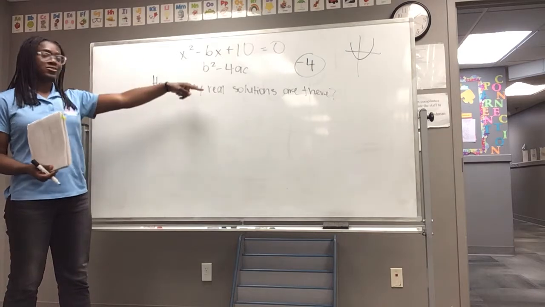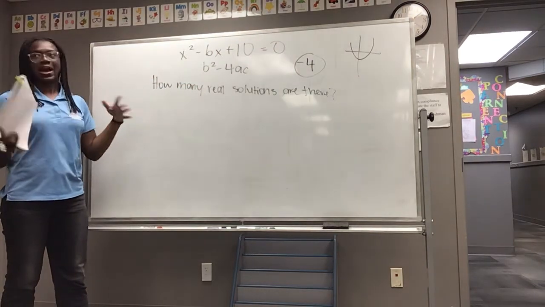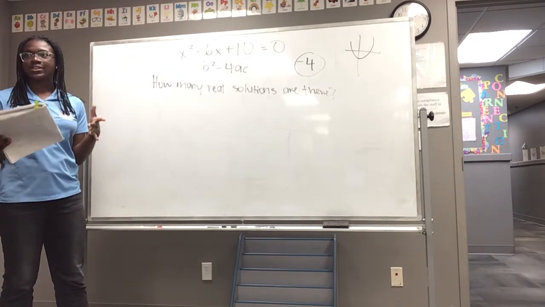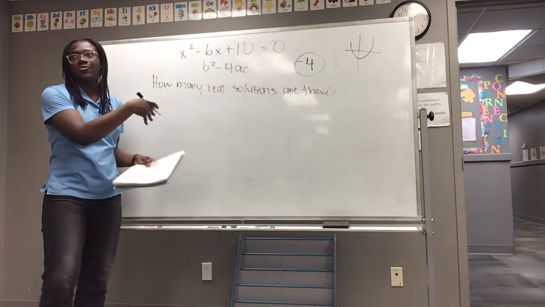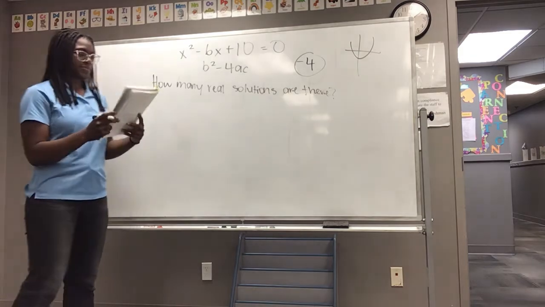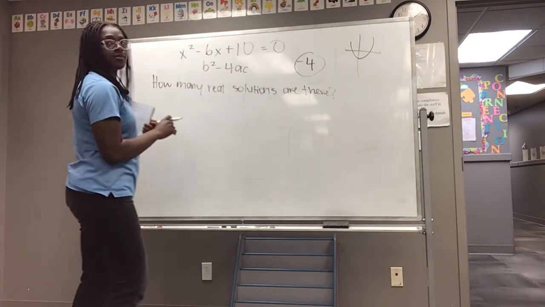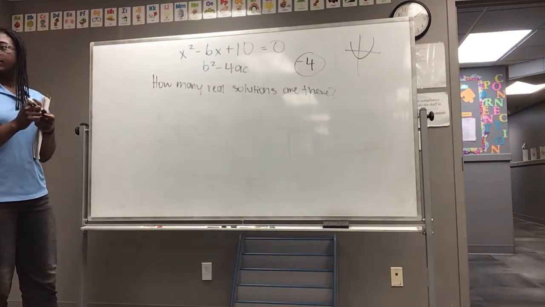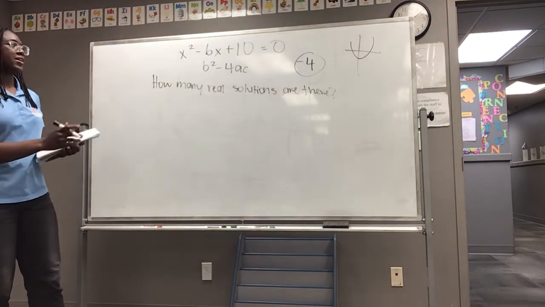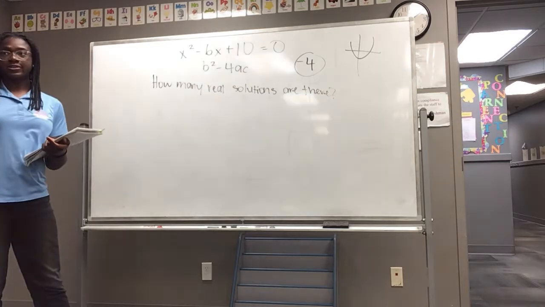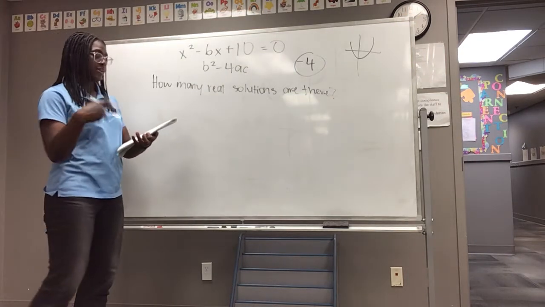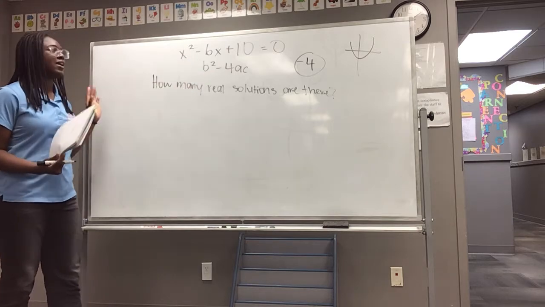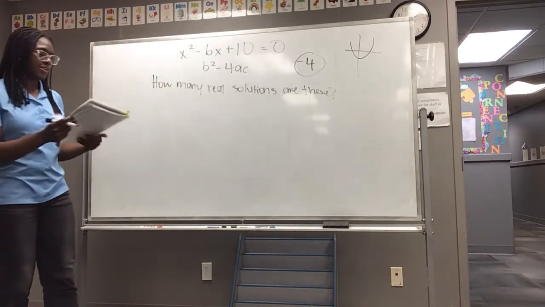When our discriminant is less than 0, we have imaginary solutions, so it never crosses the x-axis and there are 0 real solutions. If it equals 0, then it's 1 real solution, compared to 2 real solutions. Here, our discriminant was negative 4, so it has 0 real solutions.